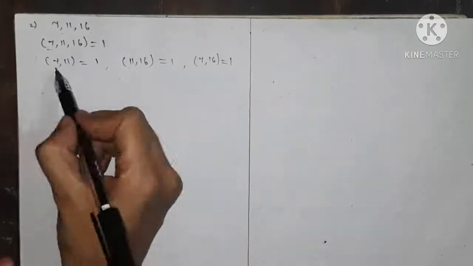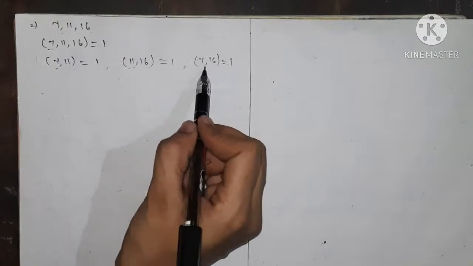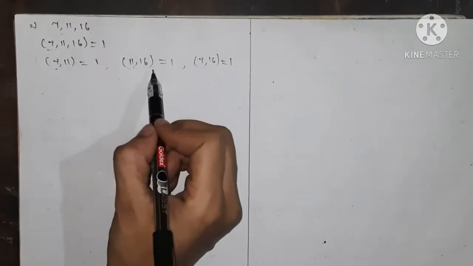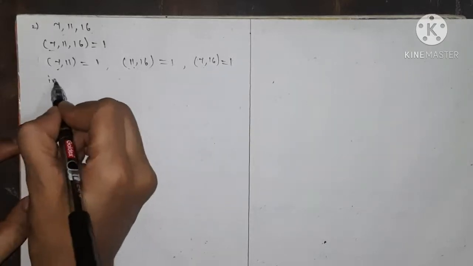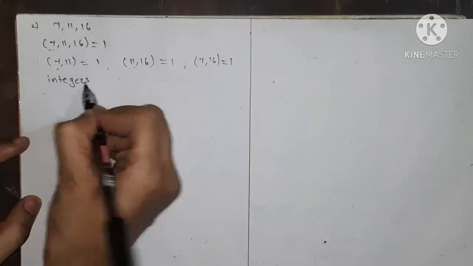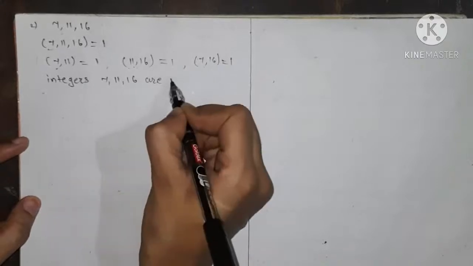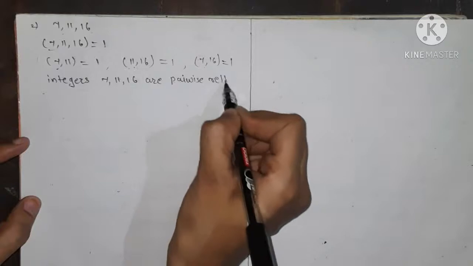So every pair, 7 and 11, 11 and 16, or 7 and 16, is relatively prime, and therefore the integers 7, 11, 16 are pairwise relatively prime.